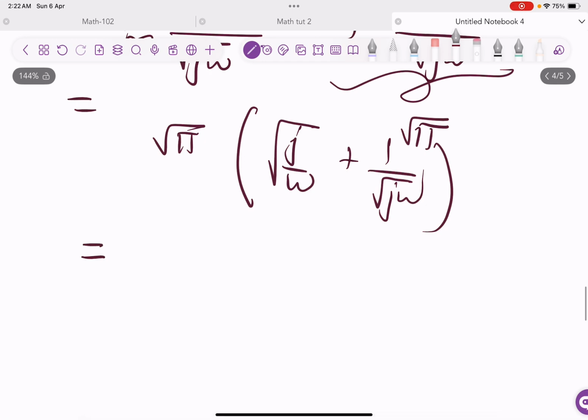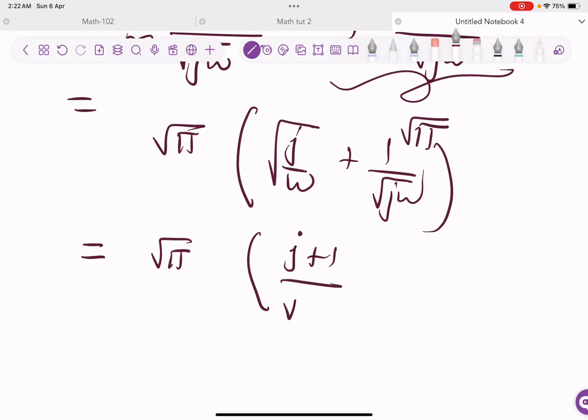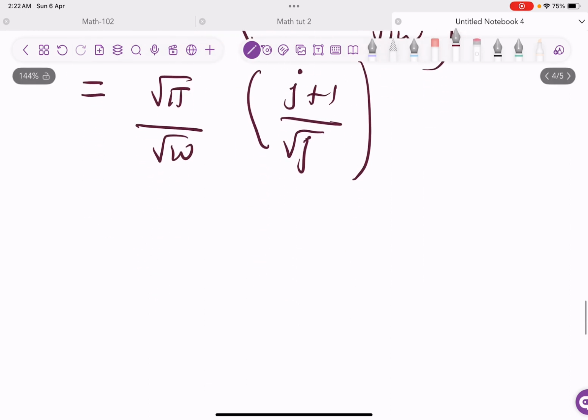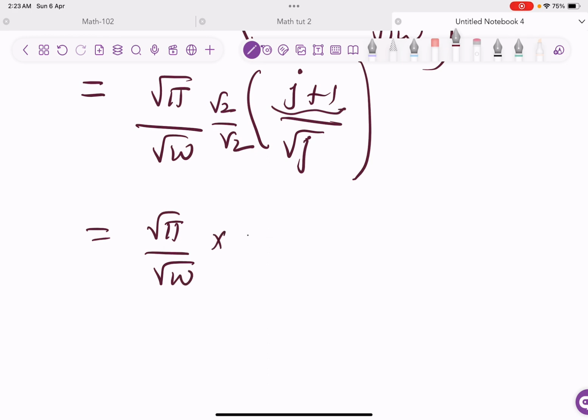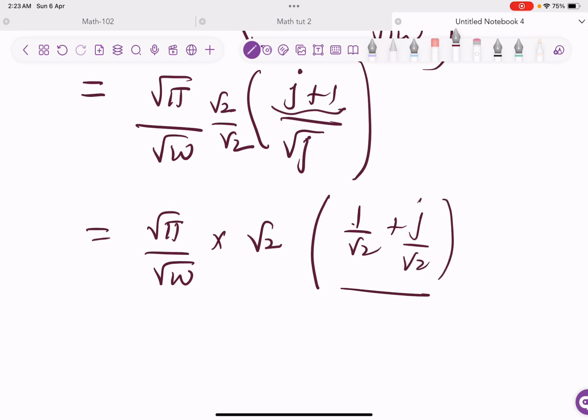So this is basically j plus 1 by root j omega, j into 1 by root omega. Let's multiply and divide by root 2 here. This becomes 1 by root 2 plus j by root 2, divided by root j.